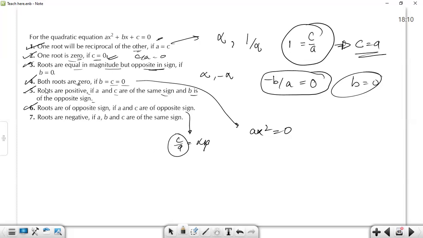That's the logic. Clear? Property number 7 says roots will be negative if A, B, and C are of the same sign. Clear?